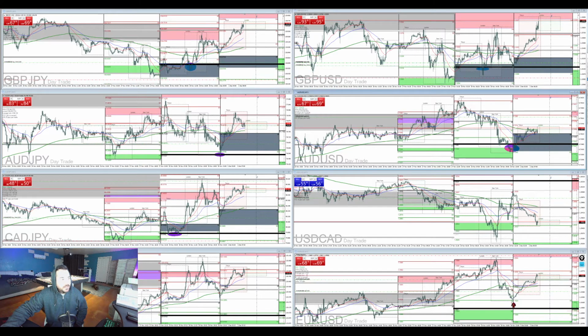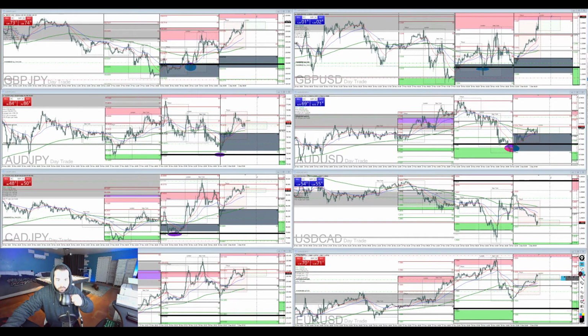The euro. It's kind of far from central pivot.